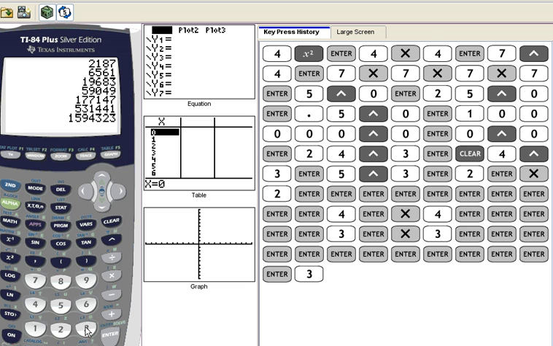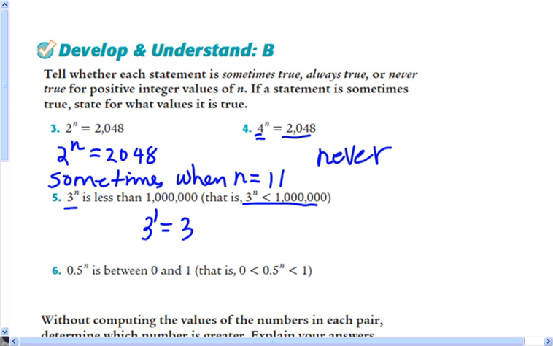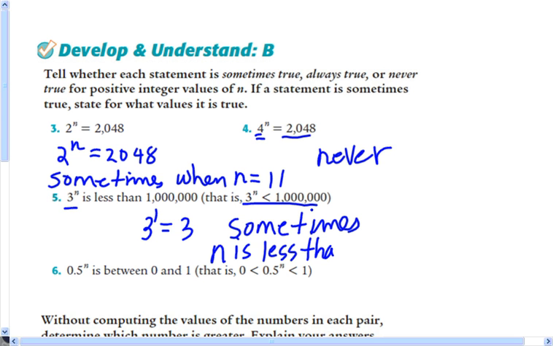I just want to check to make sure I counted right. Yes, 3 to the 13th is the first time we're above 1 million. So sometimes, and we can say as long as n is less than 13. And an easier way to write that would just be n is less than 13.